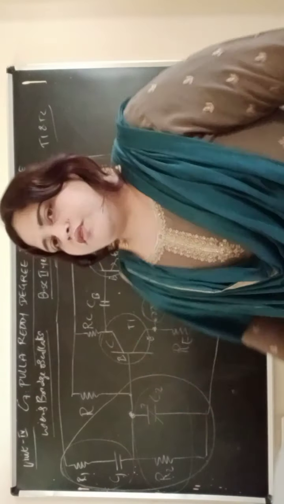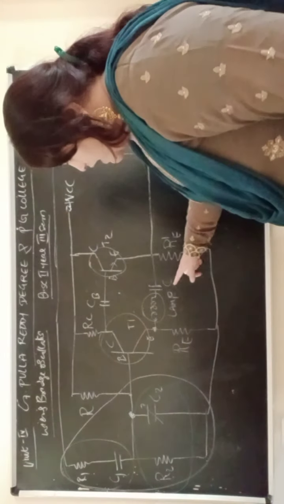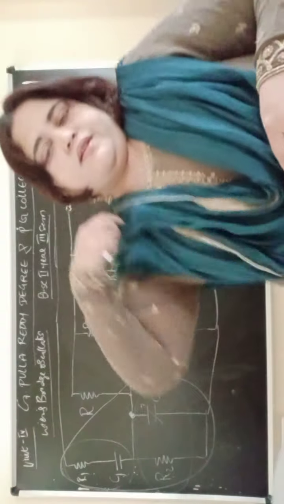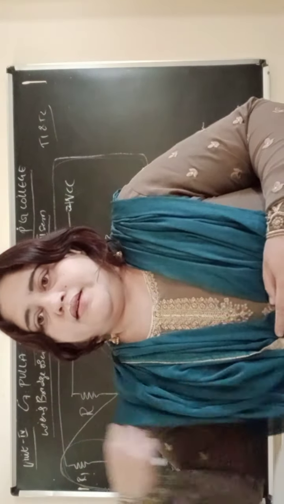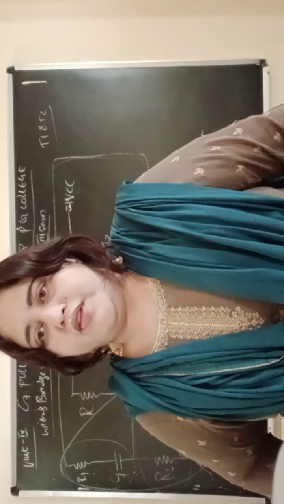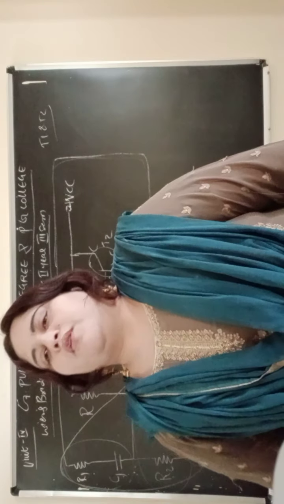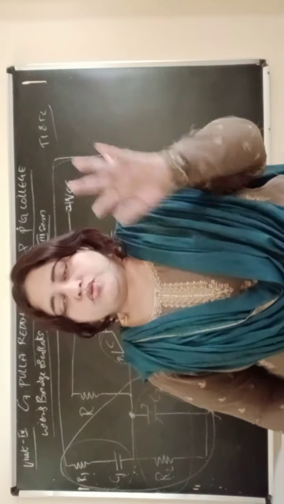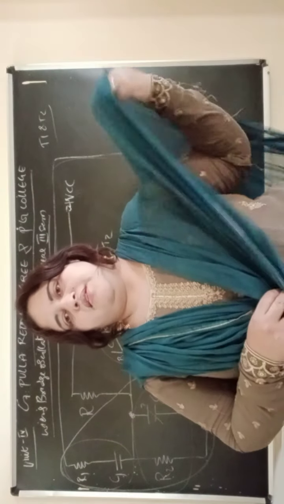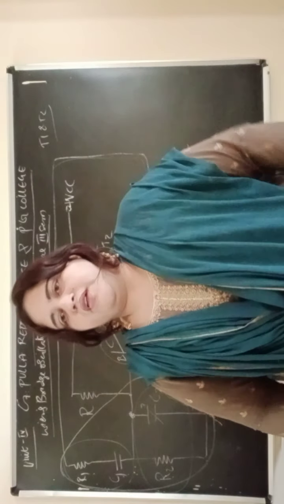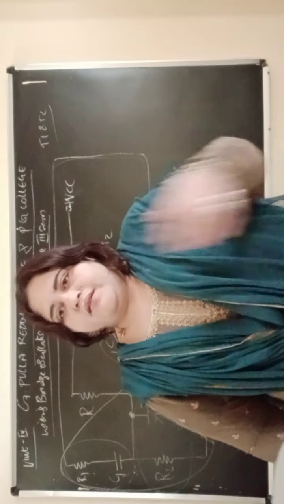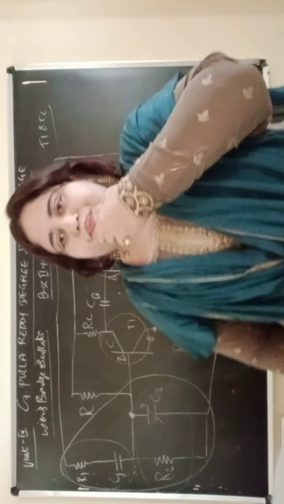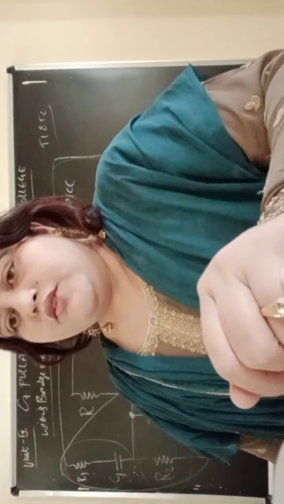Then we went for the lamp. The lamp is used for limiting the amplitude of the waveform. The amplitude of the waveform should not go up and down; it should be within limits. So limiting the amplitude of the waveform can be done with the help of a lamp. This is your circuit description.